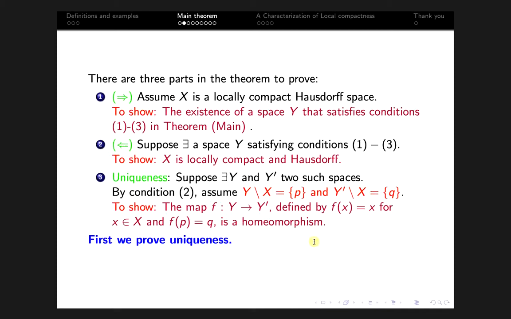That is, suppose there exist two such topological spaces, Y and Y prime.